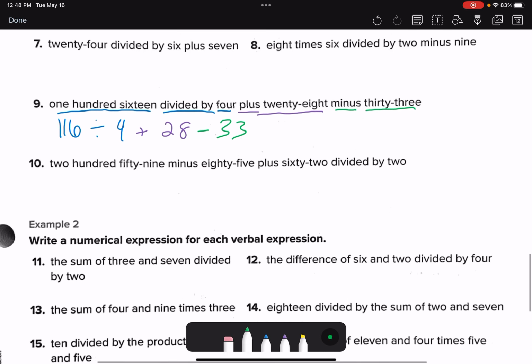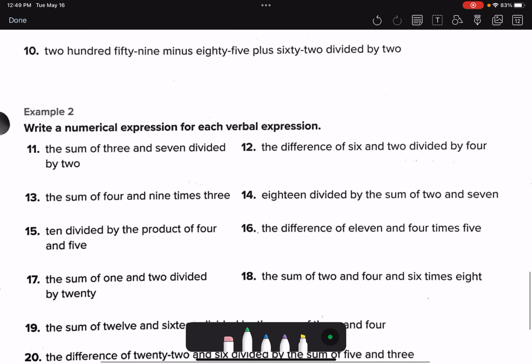Okay. Let's go ahead and go down to example 2. It says write a numerical expression for each verbal expression. Again, we're just doing the same kind of idea. Now, this one is a little bit more difficult because it says the sum of, that means we are indicating parentheses. The sum of what? 3 and 7. So right here, that is going to be my parentheses.